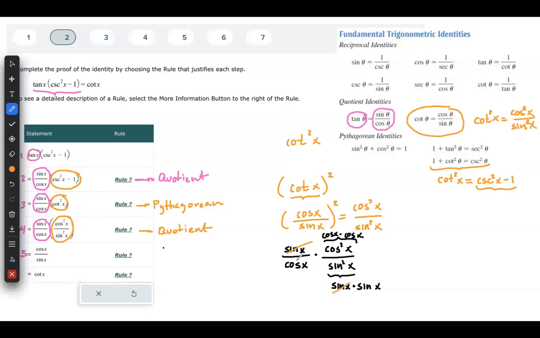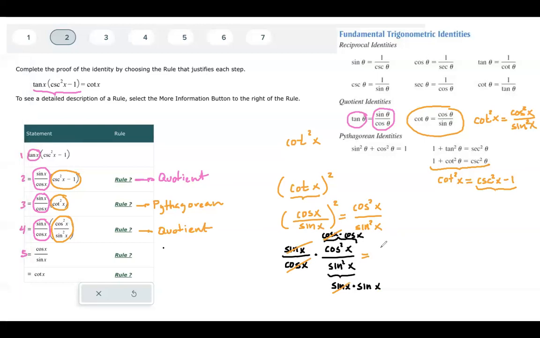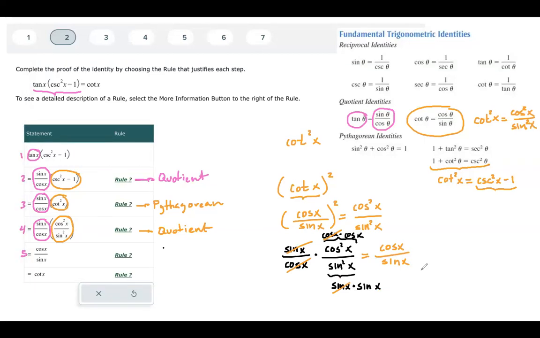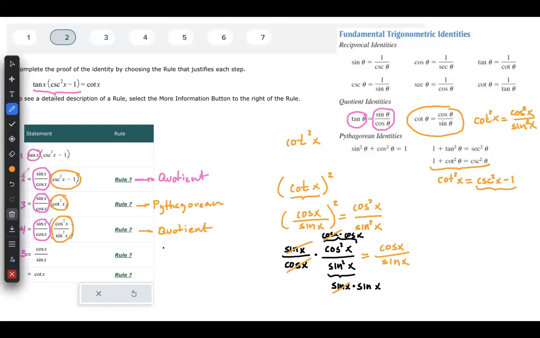So one sine is going away, and this cosine with one of the cosines, or you just remove the squared. If you look at it after the cancellation, you're going to have cosine over sine. That did not involve any identities. You just had to simplify your original expression. So that means that no identities were involved, just some plain algebra.